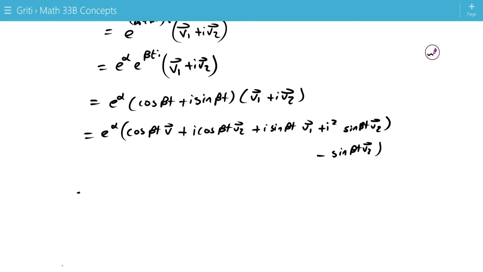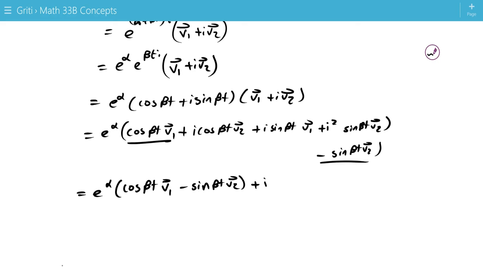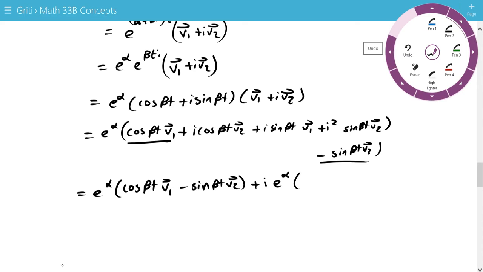What we can do is group the real parts together. So this is going to be e to the alpha t times cosine beta t v1 plus this negative sine beta t v2. Then we have an imaginary part, i, so we're going to factor out i. So i times e to the alpha t times, actually we'll start with sine.